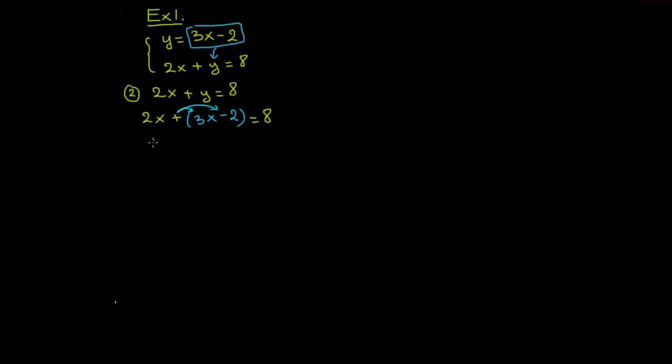So we will have 2x plus 3x minus 2 equals 8. 2x and 3x we can collect like terms, which gives me 5x minus 2 equals 8.